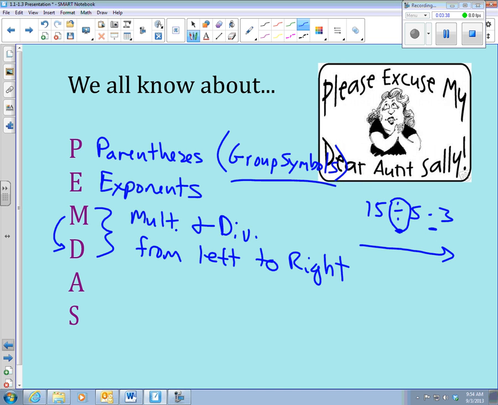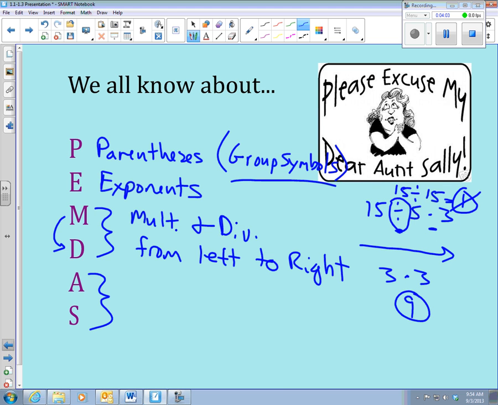So it's 15 divided by 5, which is 3, times 3. Now I do the multiplication and get 9. If you did it the other way, 5 times 3 is 15 first, you'd have 15 divided by 15, and you would get 1, and that is not the correct answer. So multiplication and division, left to right.